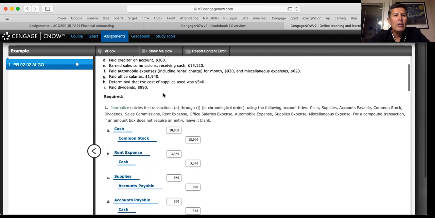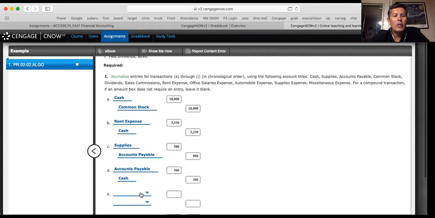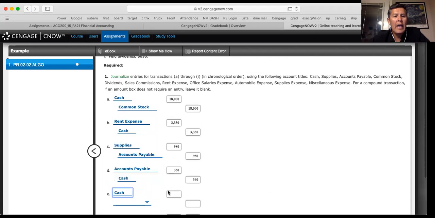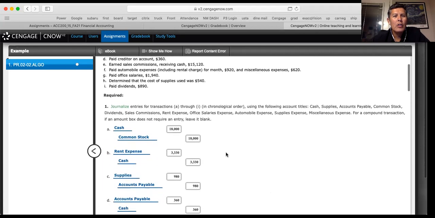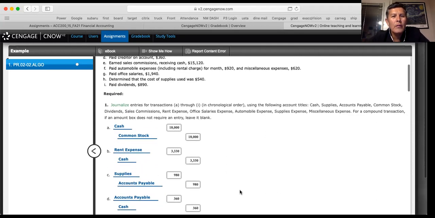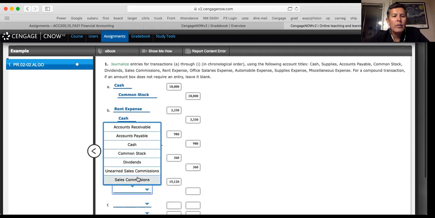Item E says earn sales commission received. So we're going to debit what we received. If we received it, that means we're receiving cash. Okay, how much cash are we receiving? 15,125. Now this is going to our sales commission.